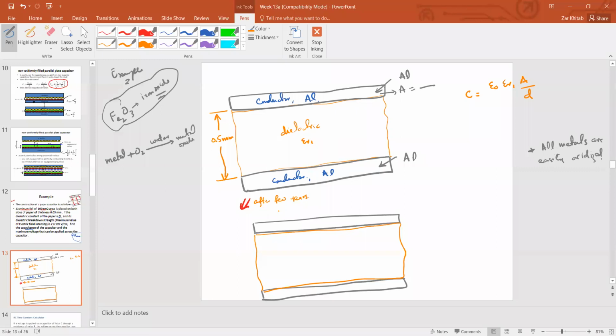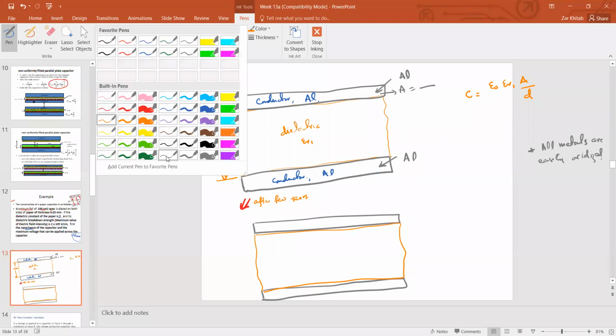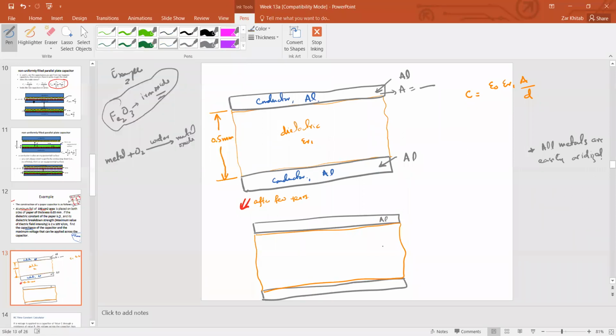So this is still aluminium, say this one is still aluminium, this is still aluminium, and this orange one is still the same dielectric, can be anything, okay.